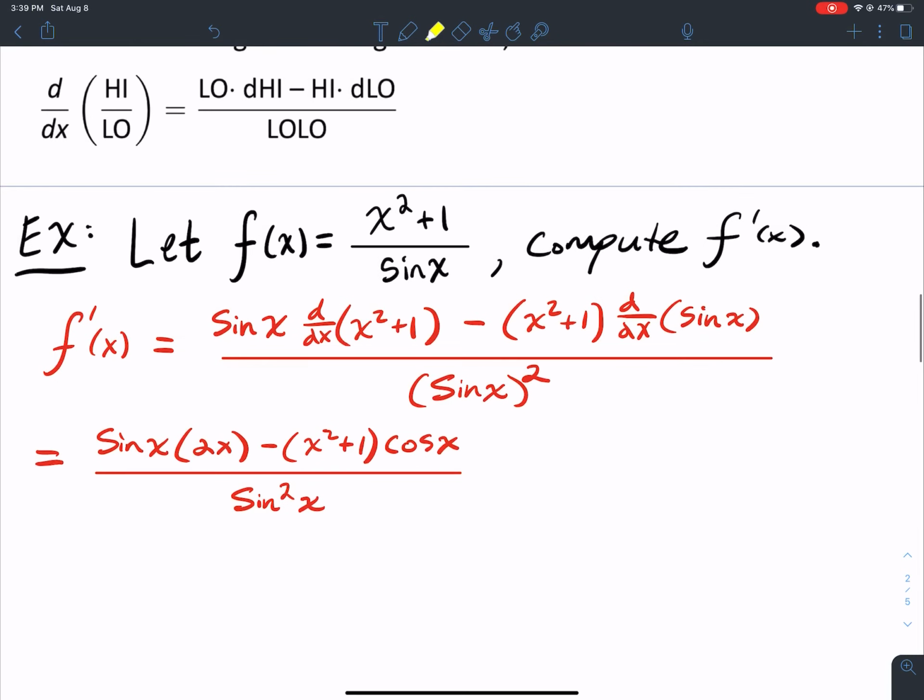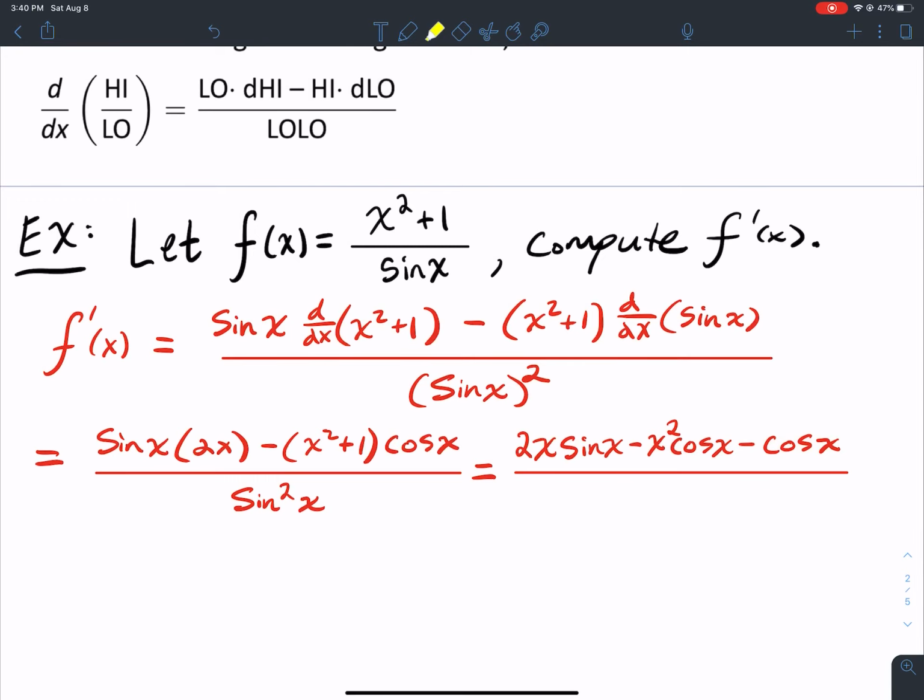Now I'm going to simplify. 2x times sine x is 2x sine x. Now I have a negative here, so that negative is going to distribute with those positives and make everything negative. x squared and cosine x is x squared cosine x, so that's negative. And then I have minus again. Cosine x times 1 is just cosine x, and it's negative.